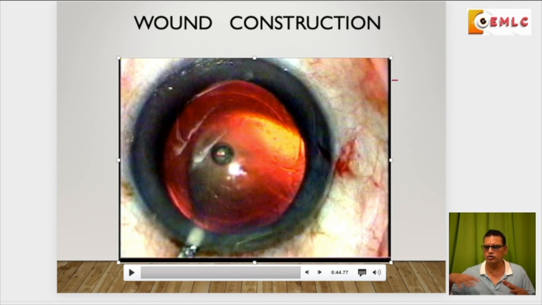If it's more, it will cause overlocking of the wound during the surgery. If it's less, it will tend to leak.